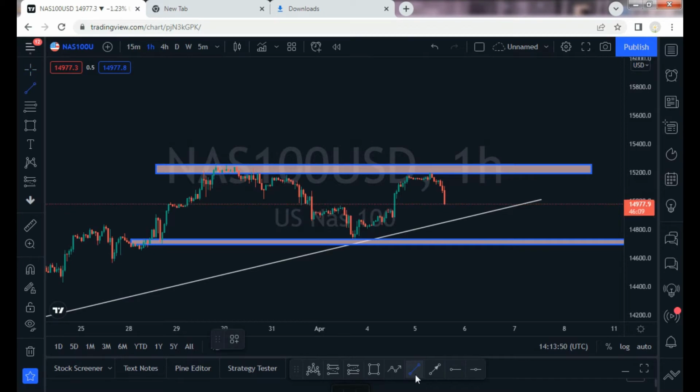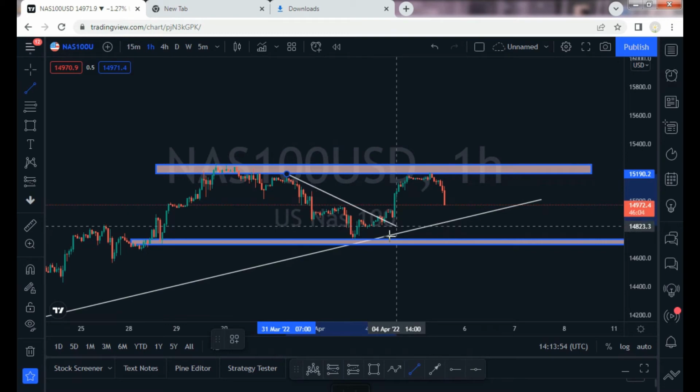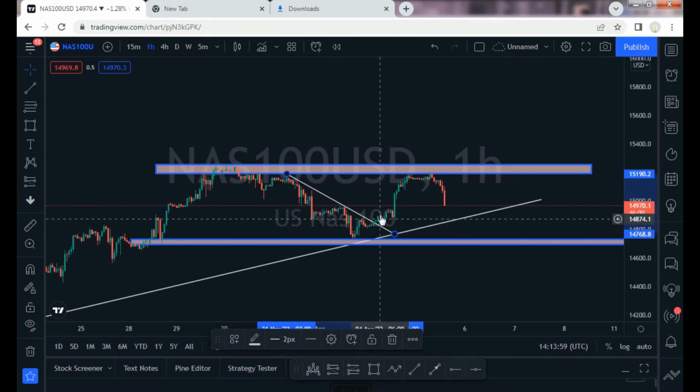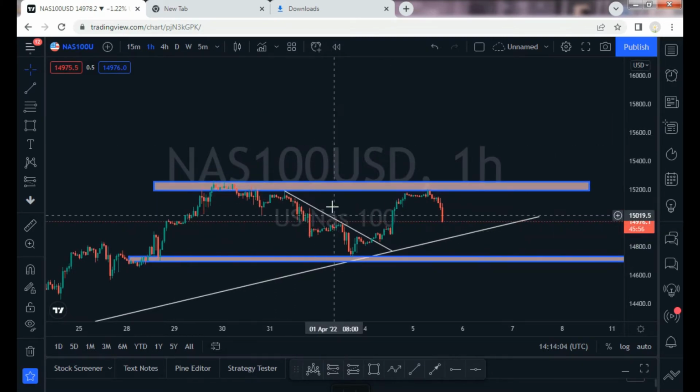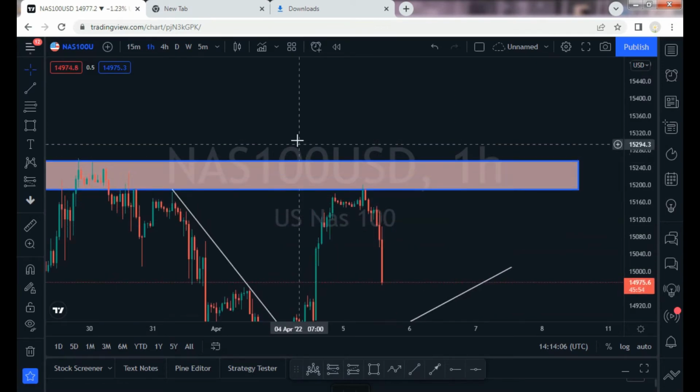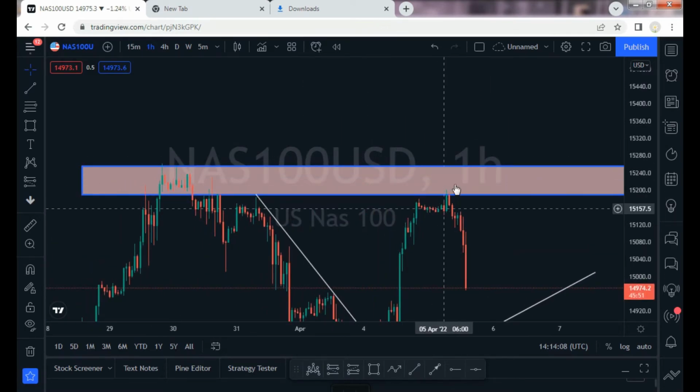I saw price was in a downtrend this way, came up, made the retest, and started going up. So initially I was expecting price to break this resistance zone and keep going up.